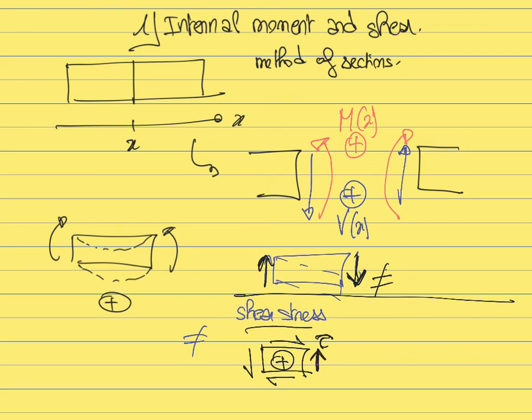But in the case of the shear stress, it's exactly the opposite. It's defined as a positive shear stress if the shear stress is going up on the right and going down on the left. So, of course, it's a little bit unfortunate that those two sign conventions are opposite to each other. The reason we are still using them is that they are the most commonly used. Those are the sign conventions used in the textbook and commonly used in this field. There is one sign convention for the shear stress, and that's usually this one.